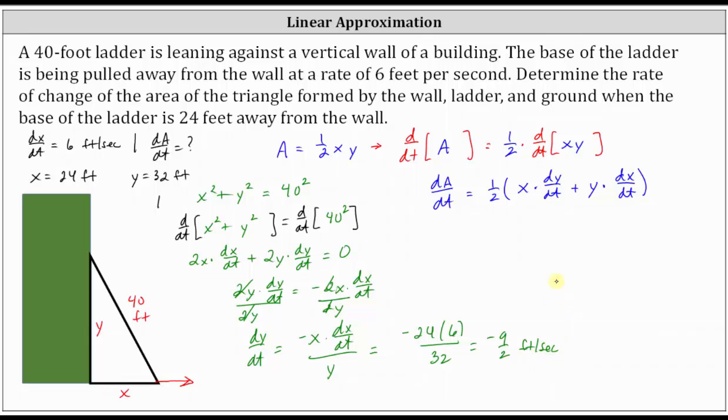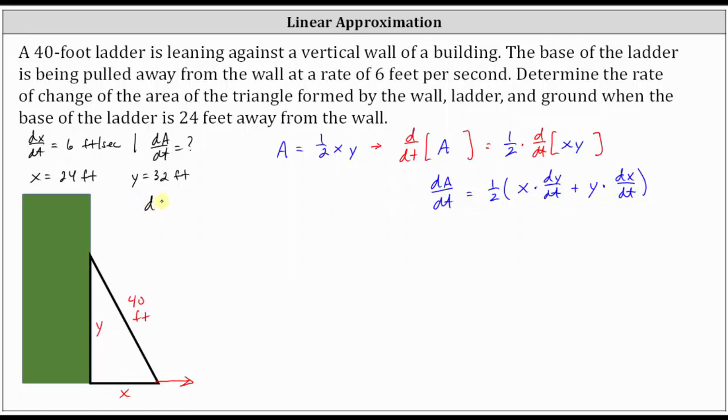Let's add this to our given information. Again, we now know that dy/dt is equal to negative 9/2 feet per second, when dx/dt is 6 feet per second, x is 24 feet, and y is 32 feet.